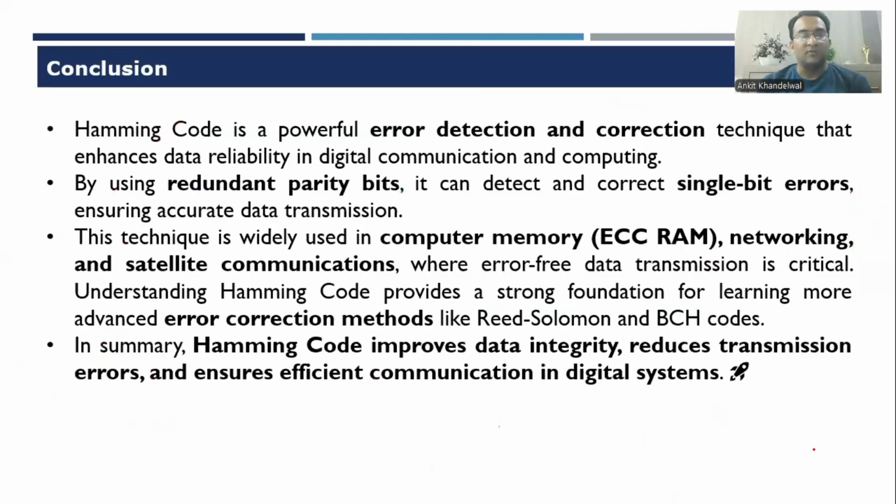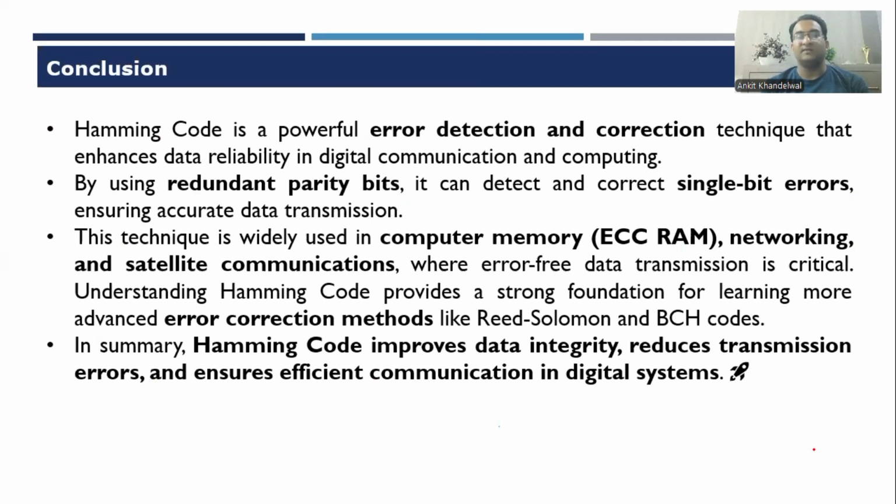The conclusion of this particular lecture is that Hamming code is a powerful error detection and error correction technique that enhances data reliability in digital communication and computing. By using redundancy parity bits, it can detect and correct single bit errors, ensuring accurate data transmission. The technique is widely used in computer memory, networking, and satellite communication, where error-free data transmission is critical.